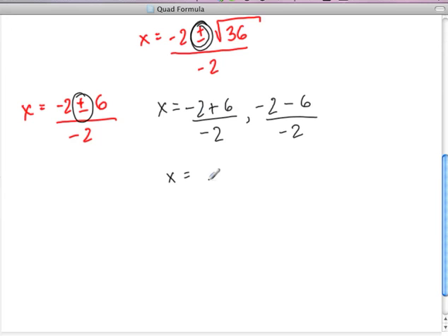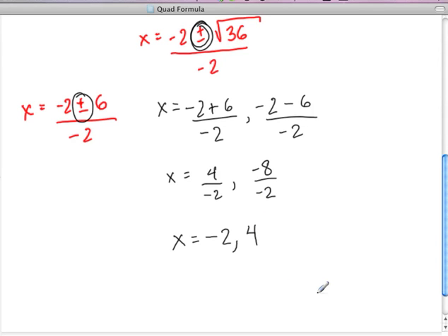Negative 2 plus 6 is 4. Negative 2 minus 6 is negative 8. And my very last step, 4 over negative 2, negative over a negative becomes a positive 4.